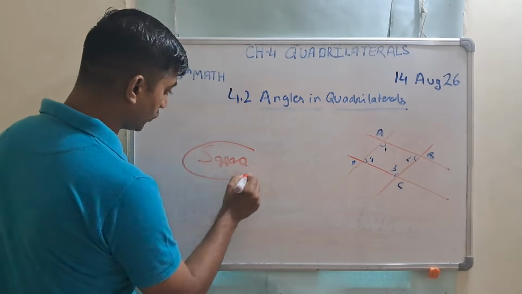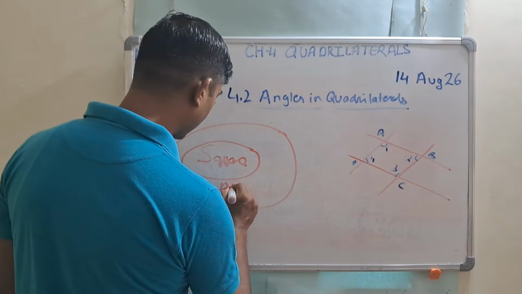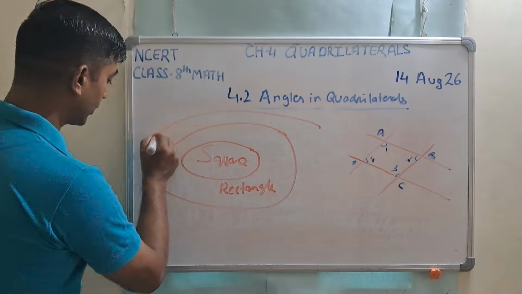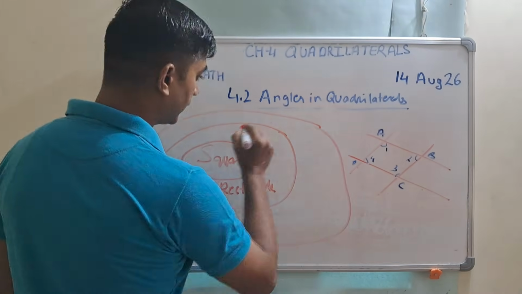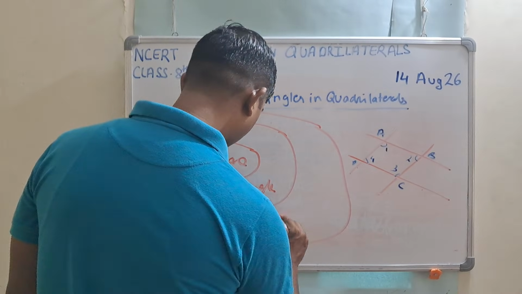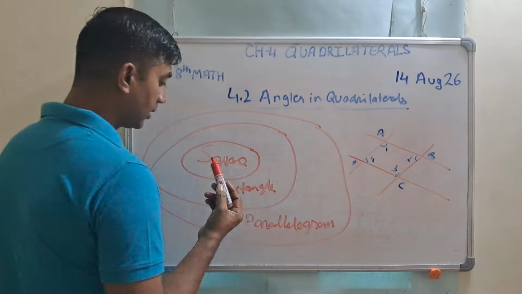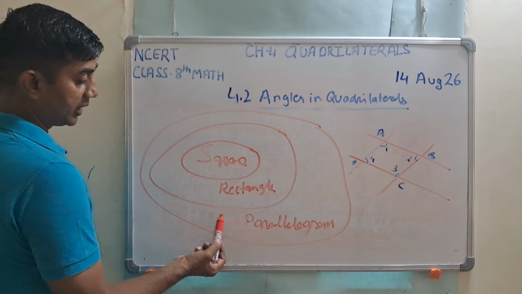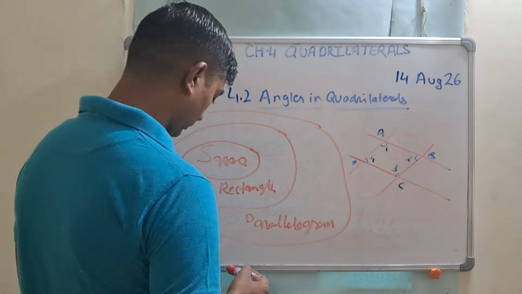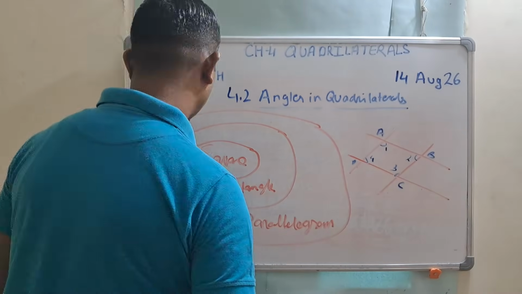If this is the set of square, then the larger set is the set of rectangle, and the furthermore larger set is the parallelogram. Means all the rectangles are parallelogram and all the squares are rectangle as well as parallelogram. Understood? And now we have established the relation between the internal angles of the parallelogram.